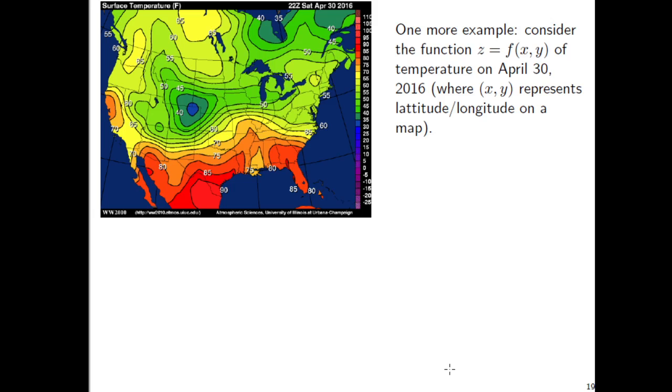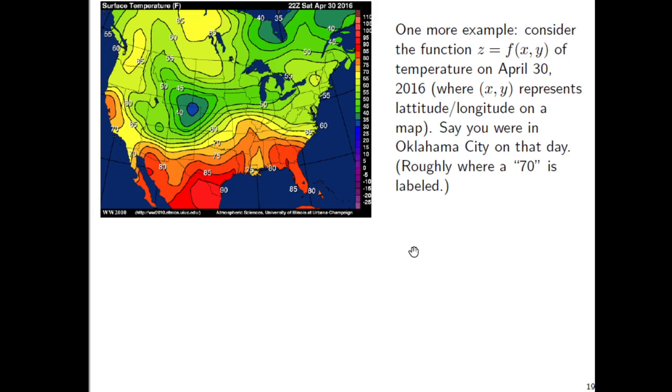Let's just consider, I took a screenshot of a website. This happened to be the US, showed the temperature on one particular day. It's just what I could find online. It was April 30th, 2016. And let's say that the z coordinate here represents temperature and xy represents latitude, longitude.